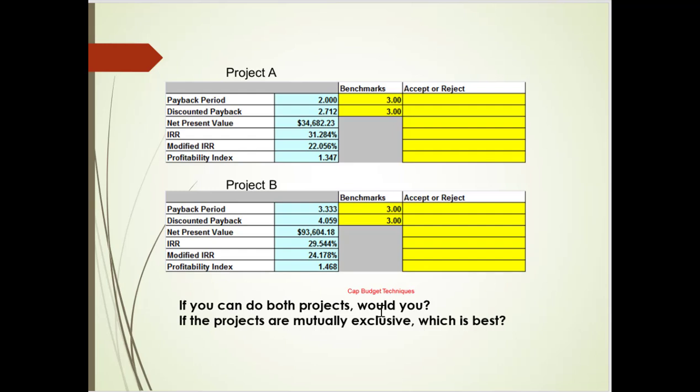So as we go through, we will be asking these questions. Project A has a lower net present value than B. We would do them both if we could. But if they're mutually exclusive, if that means we can only pick one, that means we would pick project B.